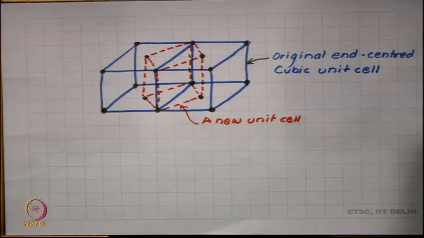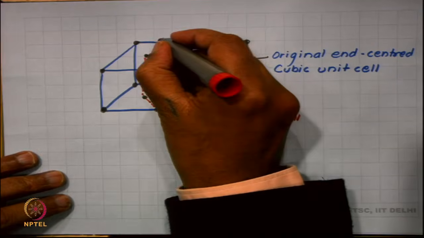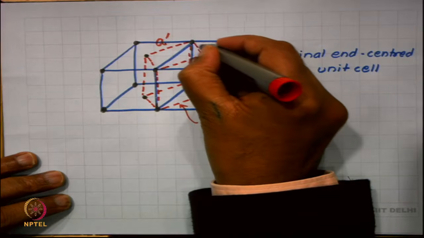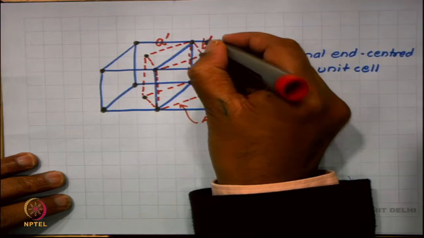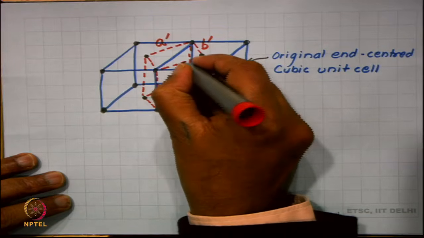What is the shape of this new unit cell? So, let us call this side A prime, this side B prime, and the third side, the vertical side, C prime.